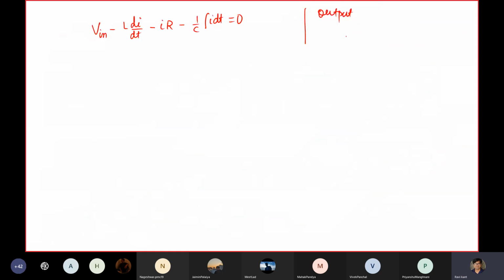is V out. What is your V out? That's it, 1 upon C integral of I dt. This I want to see as my output, and this was your input. So I will take a Laplace transform of all these equations.